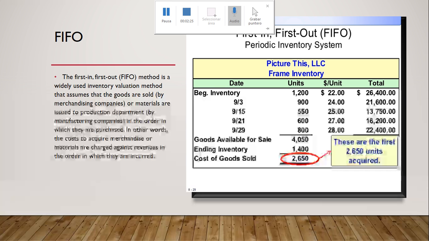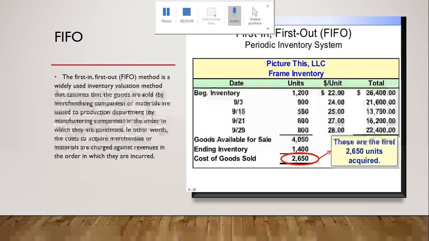This is the example of FIFO. The first in, first out method is a widely used inventory valuation method that assumes goods are sold by merchandising companies, or materials issued to the production department by manufacturing companies, in the order in which they are purchased. In other words, the costs of acquired merchandise or materials are charged against revenues in the order in which they are incurred.